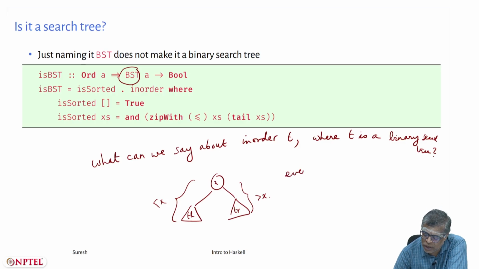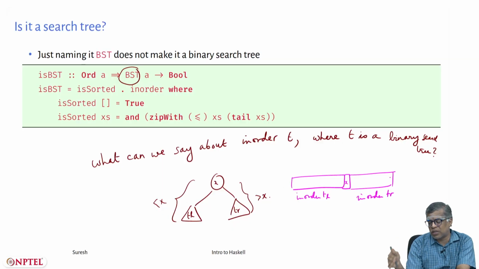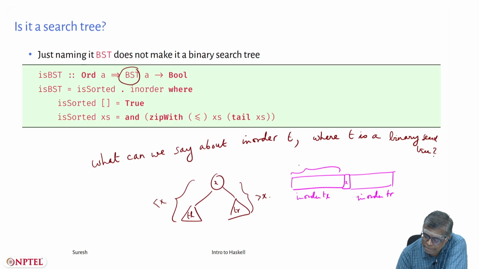So I am doing in-order TL and then x and then in-order TR, this is my list. Everything here is less than x, everything here is greater than x.